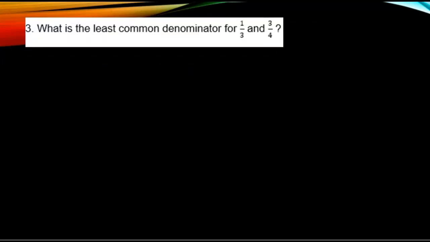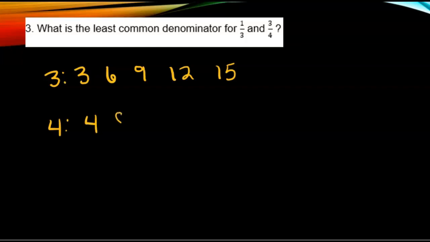Here we go again. What is the least common denominator for 1/3 and 3/4? Again, you start listing your multiples of 3 and your multiples of 4. 3, 6, 9, 12, 15, and what are your multiples of 4? 4, 8, 12, 16, 20.